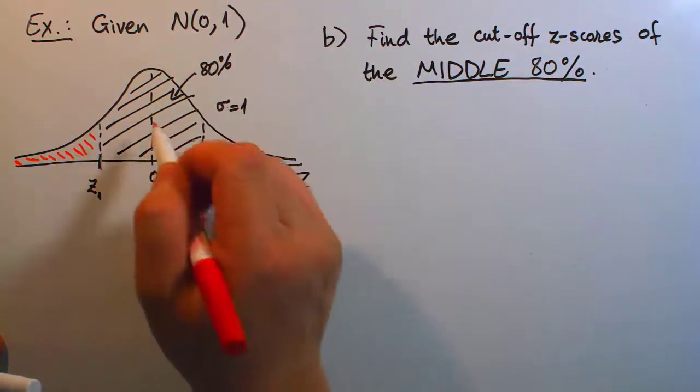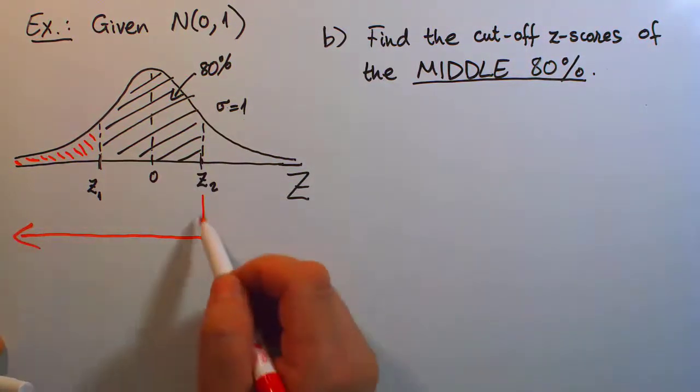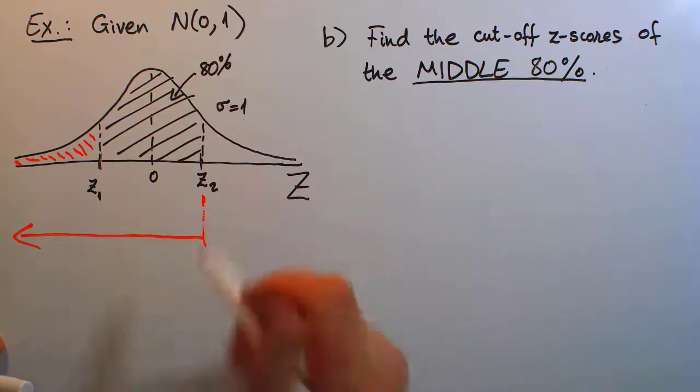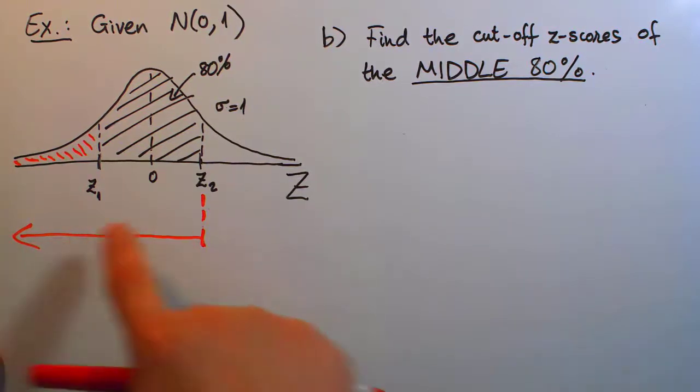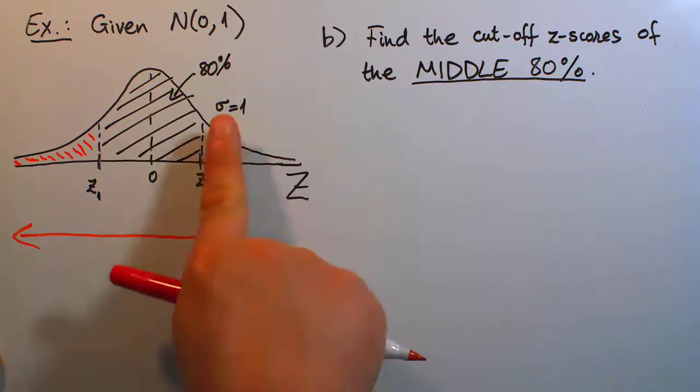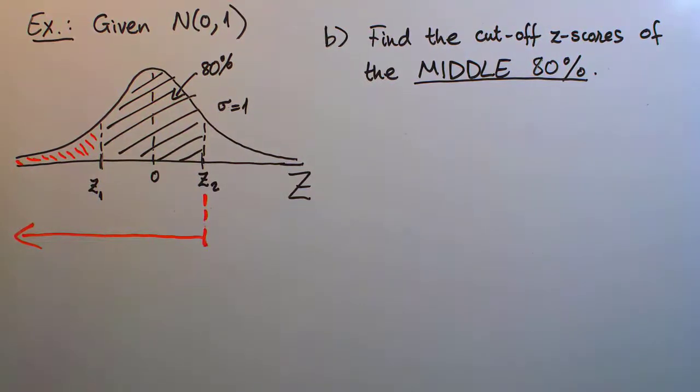I don't want to interfere with the picture in black, but now I'm going to draw an arrow indicating cumulatively from where z2 is. We can have another left area cumulatively shaded from z2, completely shaded inside the curve all the way to the left. So any z-score has an area to the left, cumulatively. And so at this point, we have two separate, independent choices. We can choose z1 to work out first, or z2.